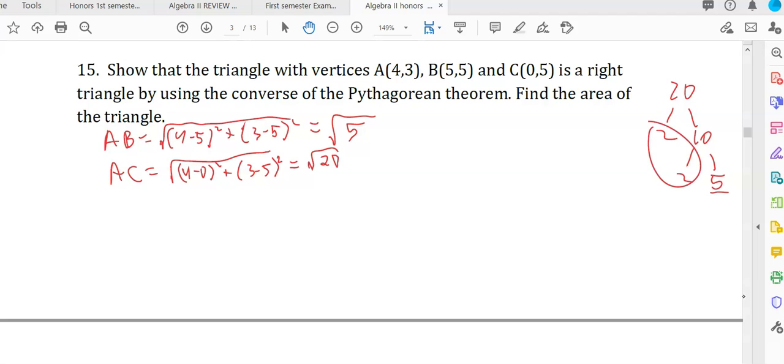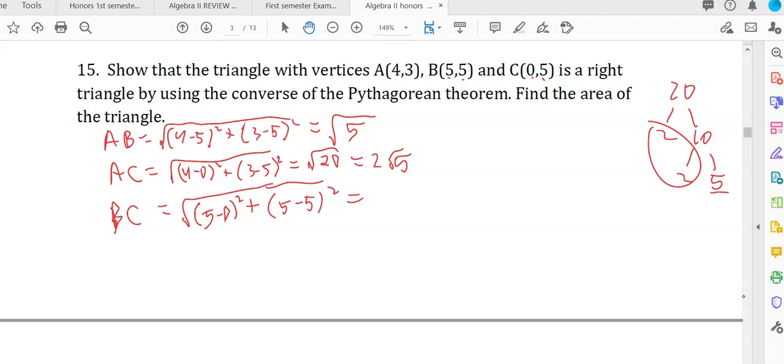Pair of 2's with a 5 left over, so we could write that as 2 root 5, although you might not want to. BC, square root of 5 minus 0 squared plus 5 minus 5 squared. 25 minus 0 is 25, so square root of 25, which is exactly 5.